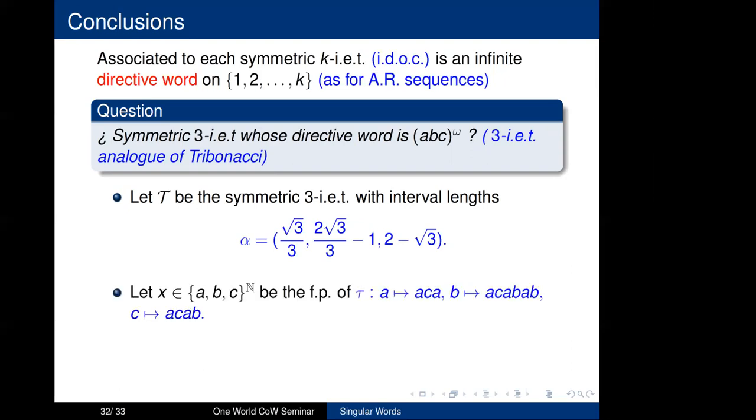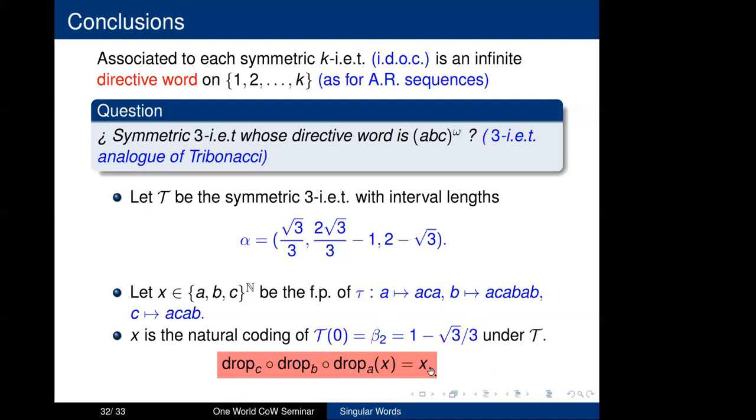So more concretely, let x be the fixed point of this substitution on 3 letters. Then it turns out that x is the natural coding of the point beta 2. So this is the second point of discontinuity of the inverse of the interval exchange.